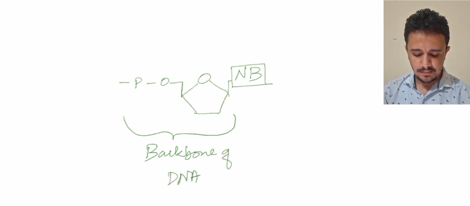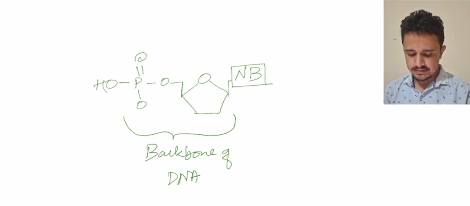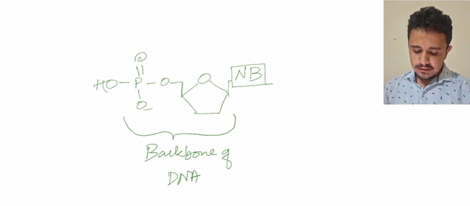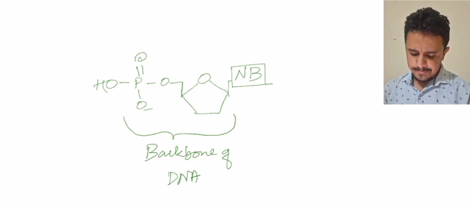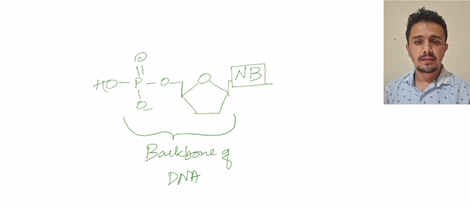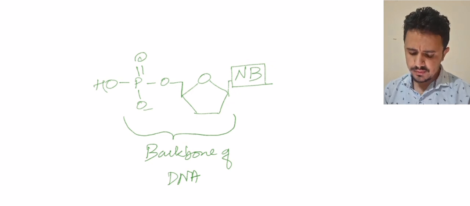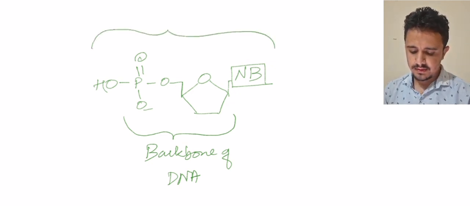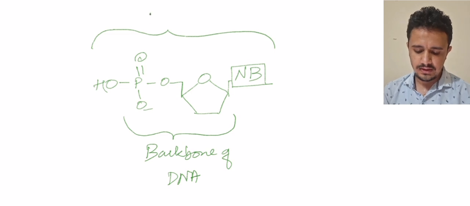And to complete this, let me draw one OH here. Okay. Then O like this. Now this particular part which forms the backbone of DNA, along with the nitrogenous bases, or everything put together, we call it a nucleotide.